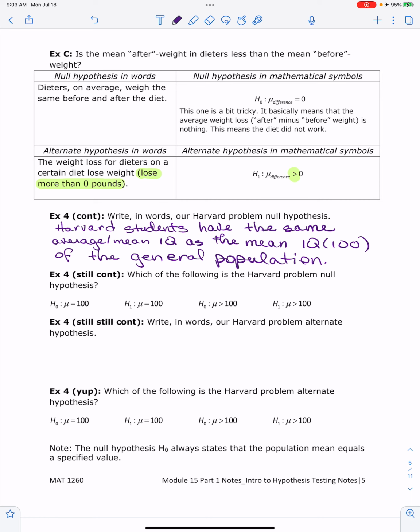Null hypothesis, I'm looking for that H naught, that H sub 0, and I need an equal. So here is the null hypothesis that goes with that statement.